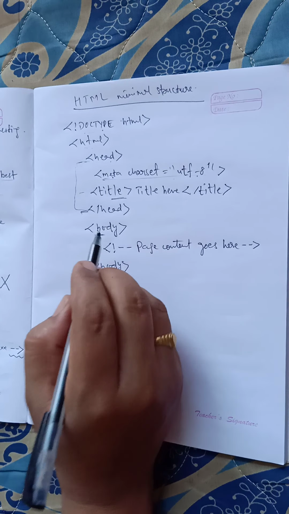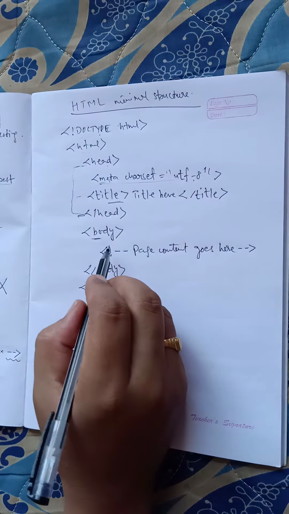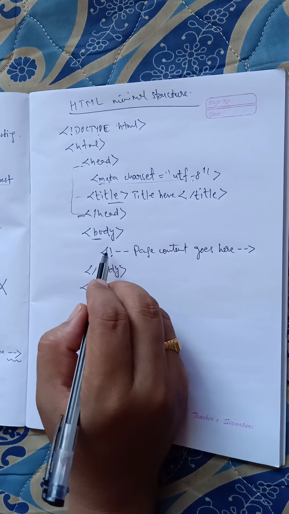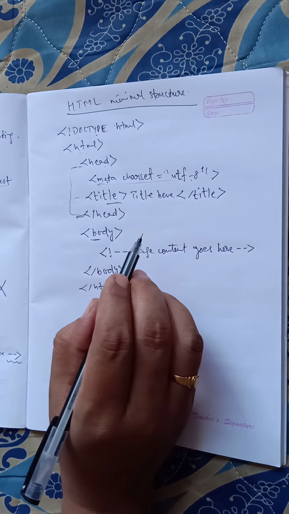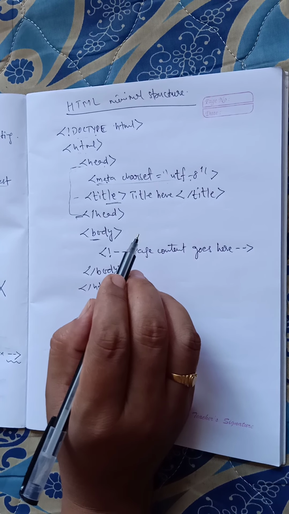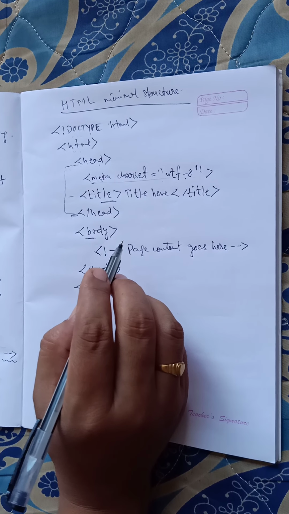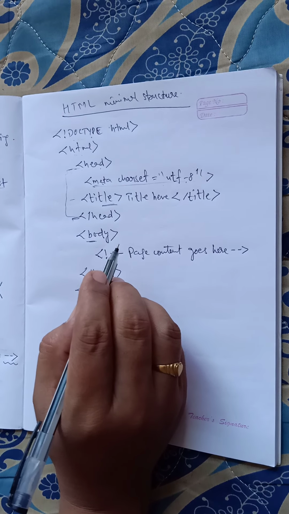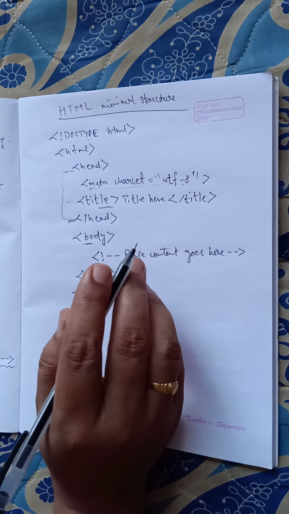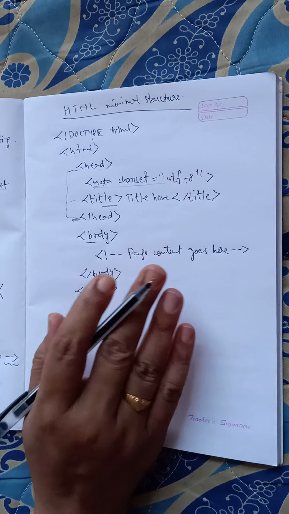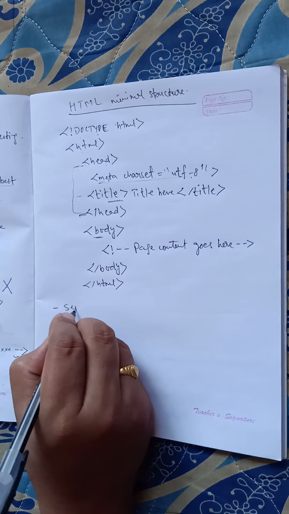Now coming to the body tag. The body element contains the content of the document. The content is everything, whatever you want to show up in the browser window. So why do we need it? The purpose of HTML is to add meaning and structure to the content. That is known as semantic markup.